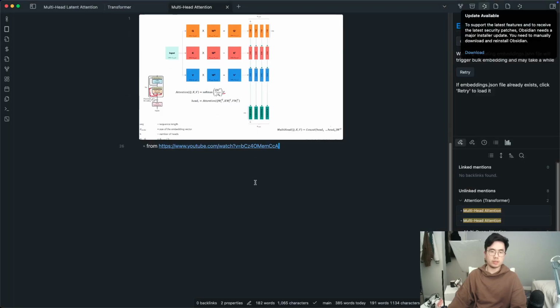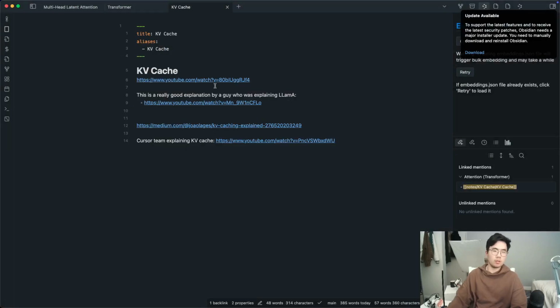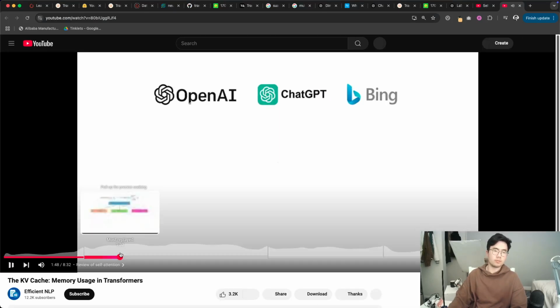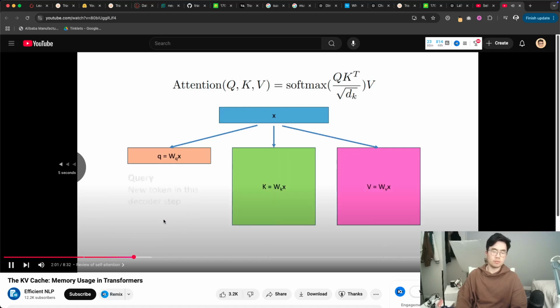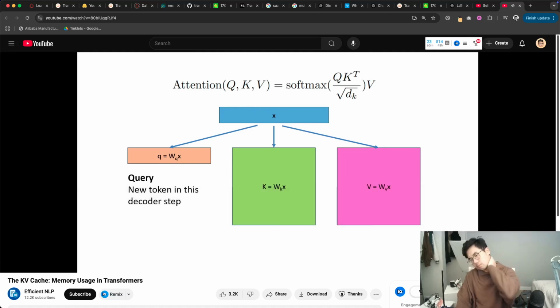This other guy was saying the transformer, and since there is only one vector representing the new token in this decoder step, and since there is only one segment, this is a vector instead of a matrix.